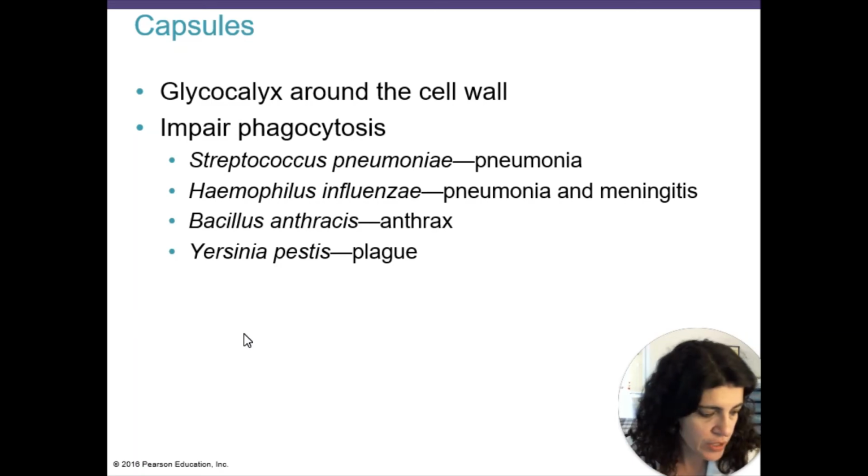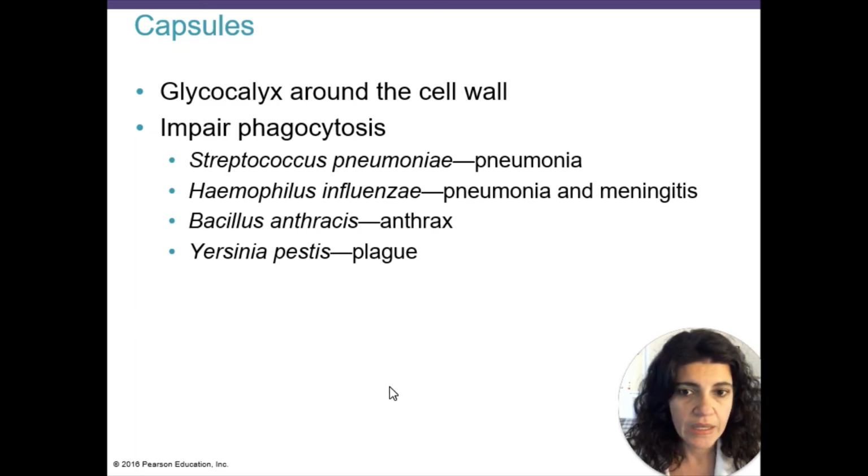Capsules are also important in the initial phase of the infection, because remember, capsules are also glycocalyx and they're around the cell wall.